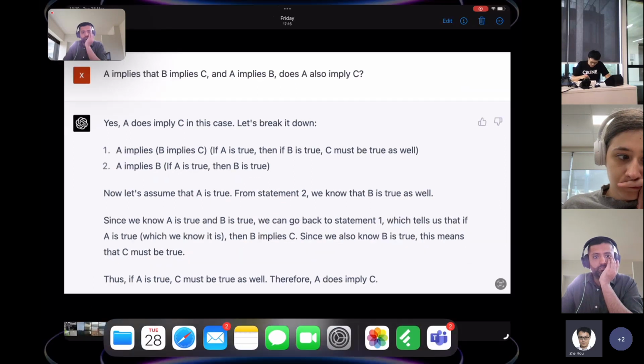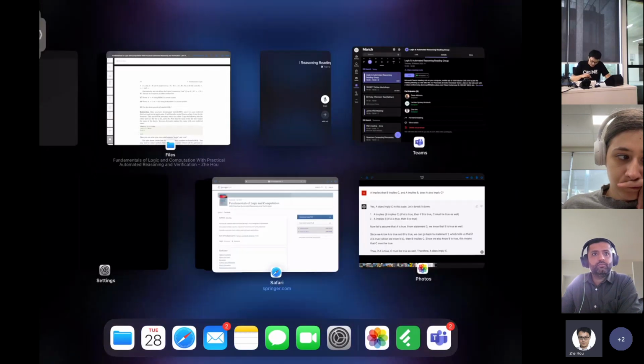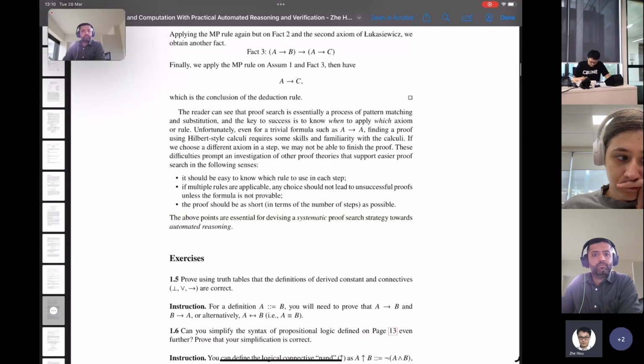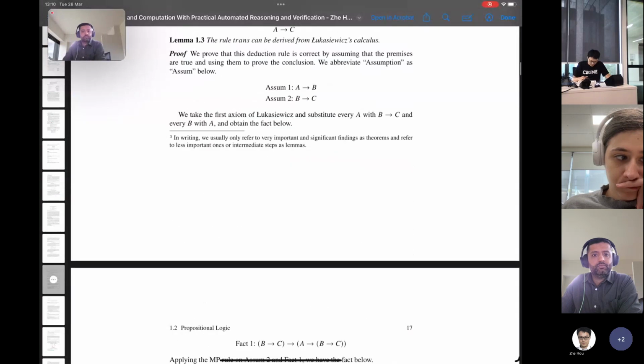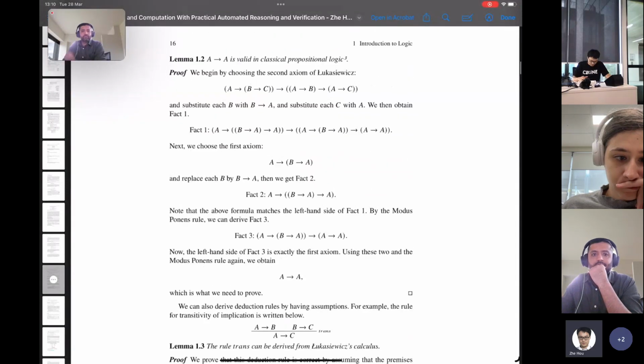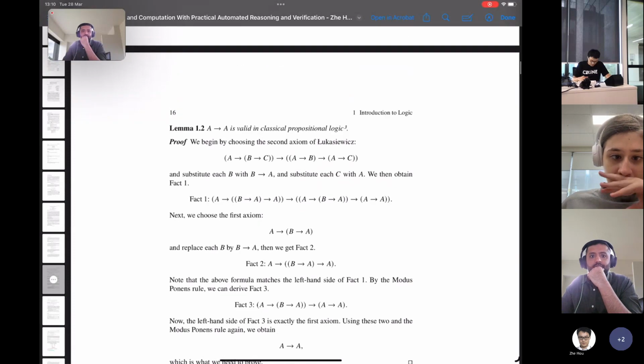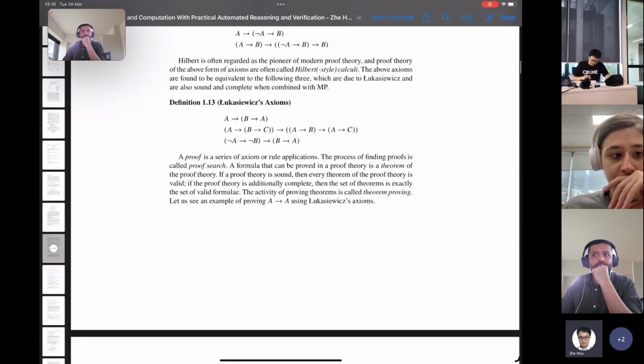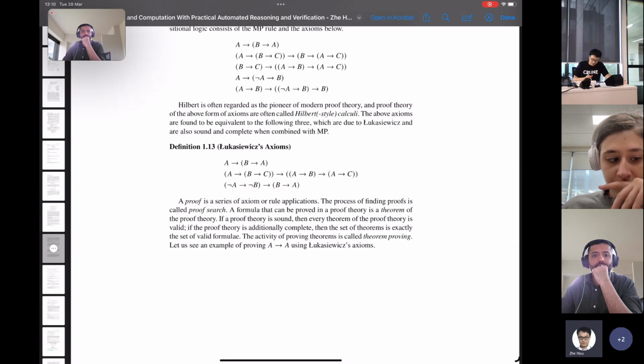In my book, this is one of the formulae that we've got here. It goes A implies bracket, B implies C, and then A implies B. Then you should be able to answer that A also implies C. So this is a valid formula.